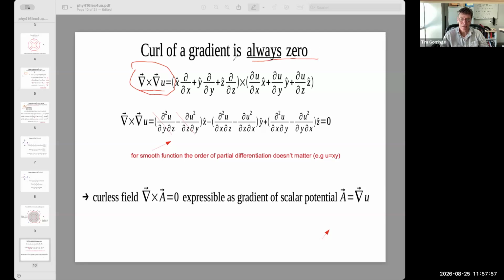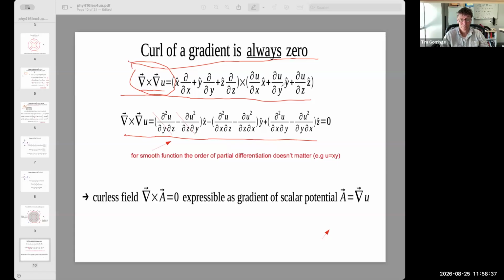It's a mathematical fact. To back up that proof, I proved it here by writing out del in Cartesian coordinates, writing out the gradient of u in Cartesian coordinates. Del in Cartesian coordinates is just the three rectangular unit vectors, each multiplied by a partial differential. The gradient of u in Cartesian coordinates is just the three unit vectors multiplied by partial differentials of u with respect to the three coordinates.